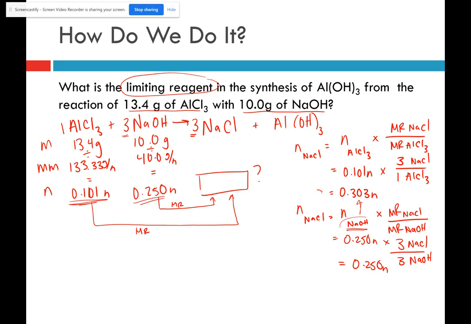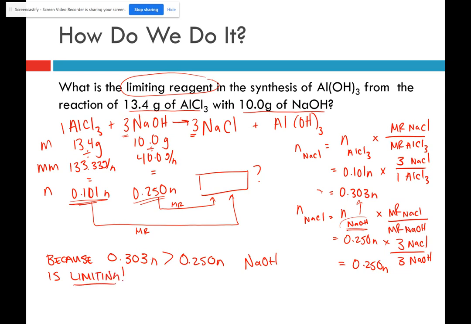Okay, so I would say because 0.303 moles is greater than 0.250 moles, that means sodium hydroxide is limiting.